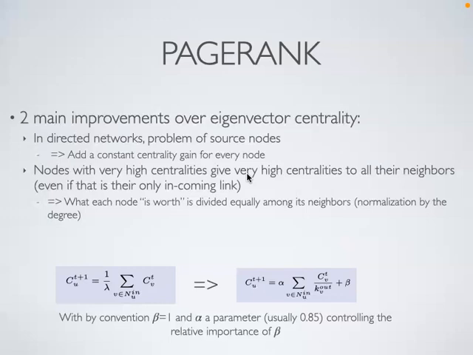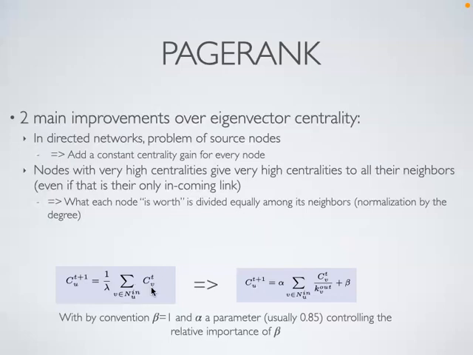Even if you point to 1 million other pages in the web, for instance, and one of these pages has only you as incoming edge, it will still be considered important because it is pointed to by a very important node with a high value.